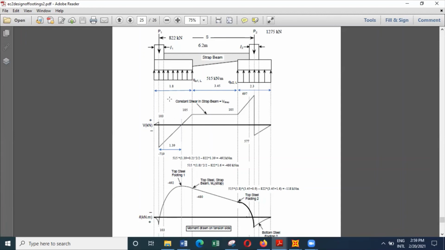So generally the critical section occurs somewhere here, but in this particular case, the critical section occurs here. That means this reinforcement may need to be bent downwards and anchored inside the footing. So you have to select a reasonable thickness for the footing. It can be about 0.5 to 0.6 meters, considering the size of the footing. And then you have to decide the amount of reinforcement needed.